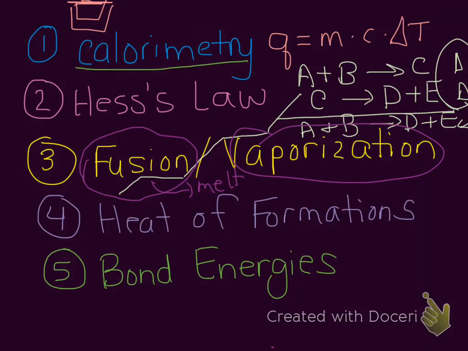Vaporization is going from a liquid to a gas, or boiling. And it would be the same way. If you have to put energy into it, it would be a positive delta H, and if it was going the opposite way, so it was condensing, it would release that much heat energy. To calculate the fusion and the vaporization, you would need to be given specific values, delta H per mole. And then you could just multiply each one of these values by what you have.